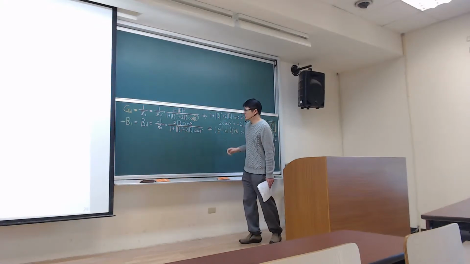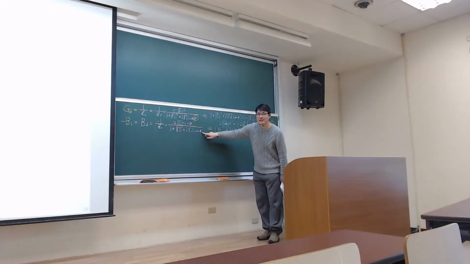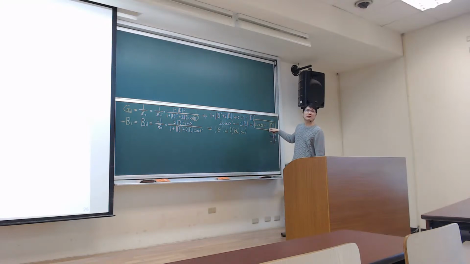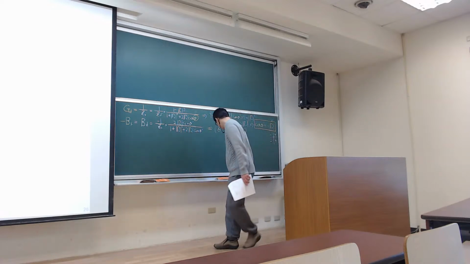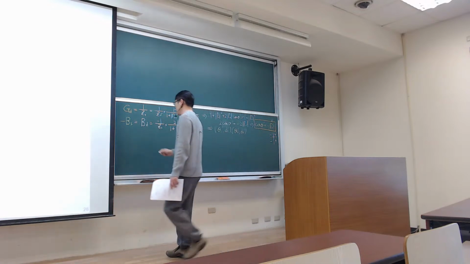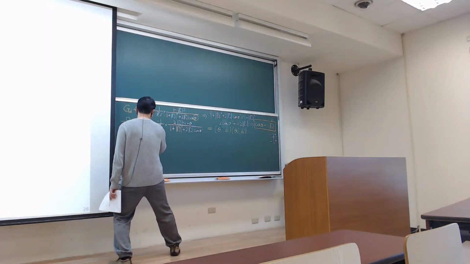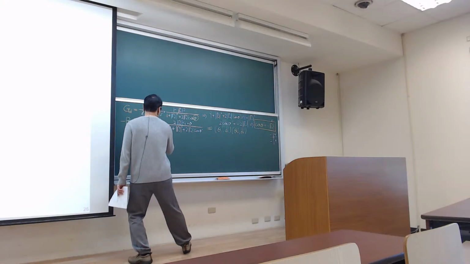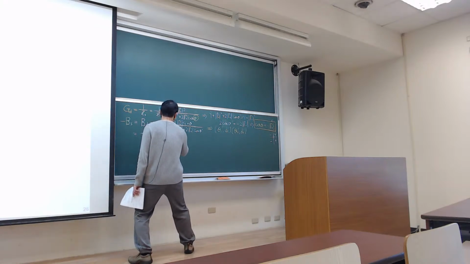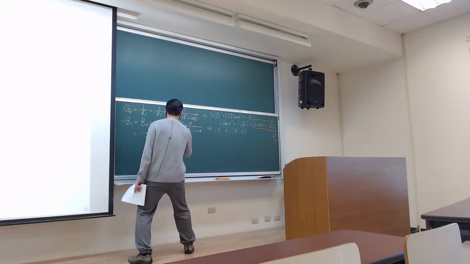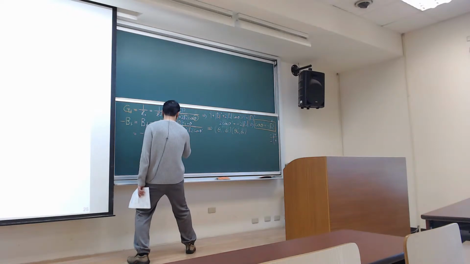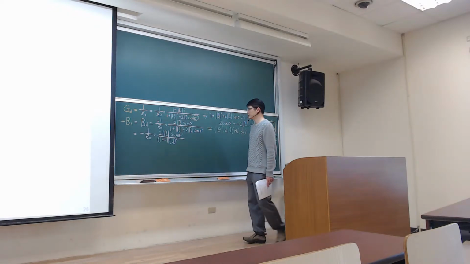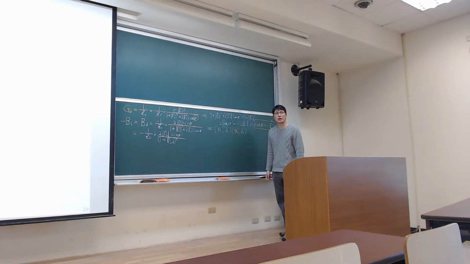Okay, so under this condition, since cosine theta prime is negative of the absolute value of gamma_v, this can be simplified, right? So let's try to simplify this. So this is negative 1 over Z0 times 2 gamma_v over 1 minus gamma_v. Do you see what I'm trying to do?